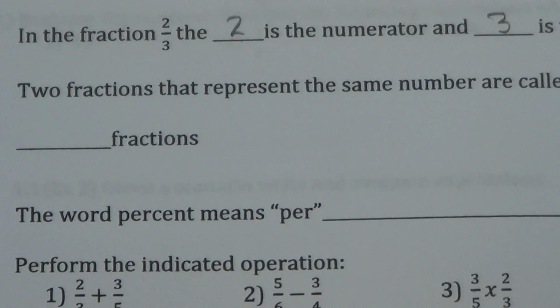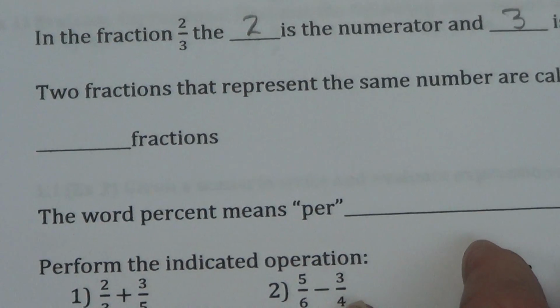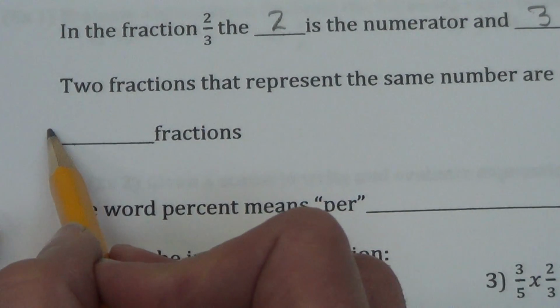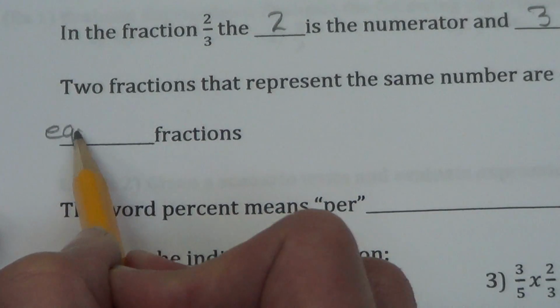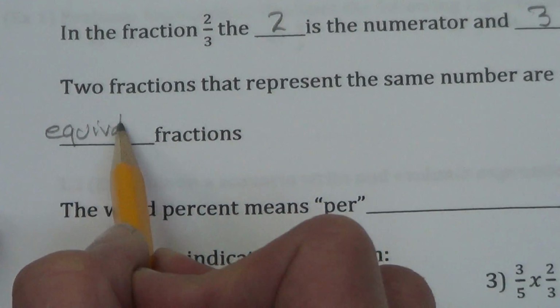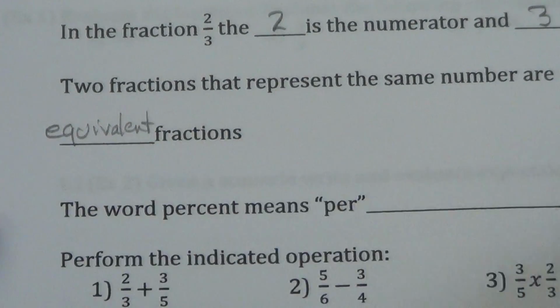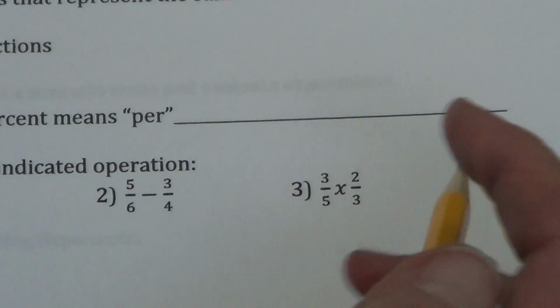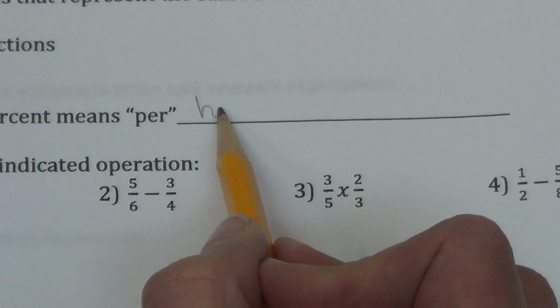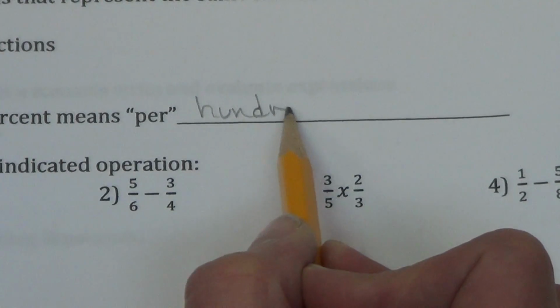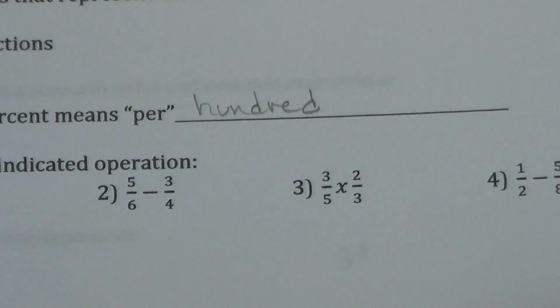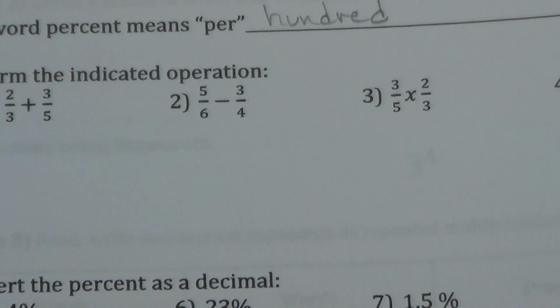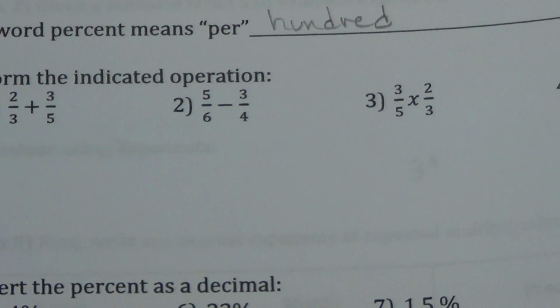Two fractions that represent the same number are called equivalent fractions. The word percent means per 100. And now let's practice a few things with these items. Okay.